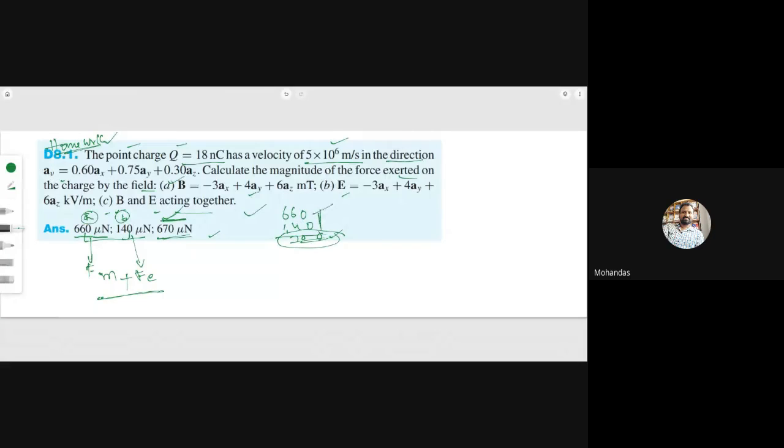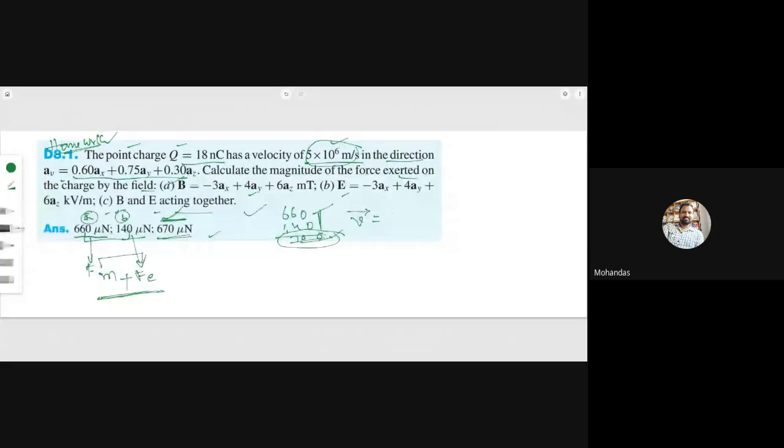One more piece of information: here the velocity magnitude is given, but how to get the velocity vector? He has given the unit vector, right? Then what may be the velocity vector here? V into AV.